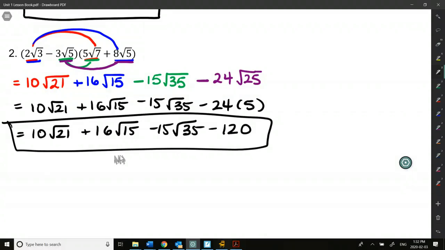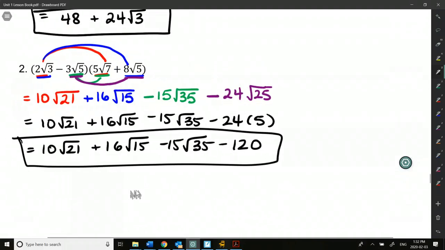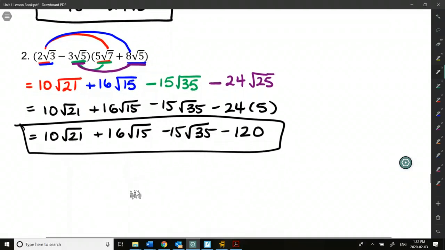Why are we done? Because we can't go any further. What else would you do? Okay, any questions on this one, guys? Is this like exponent laws? Not really.